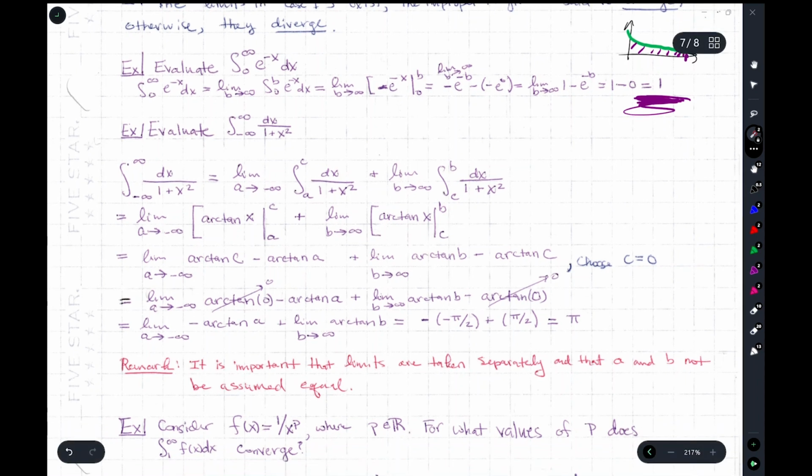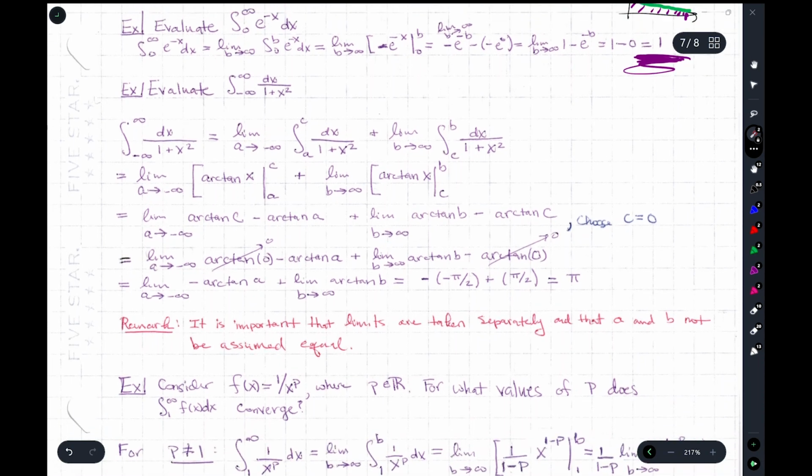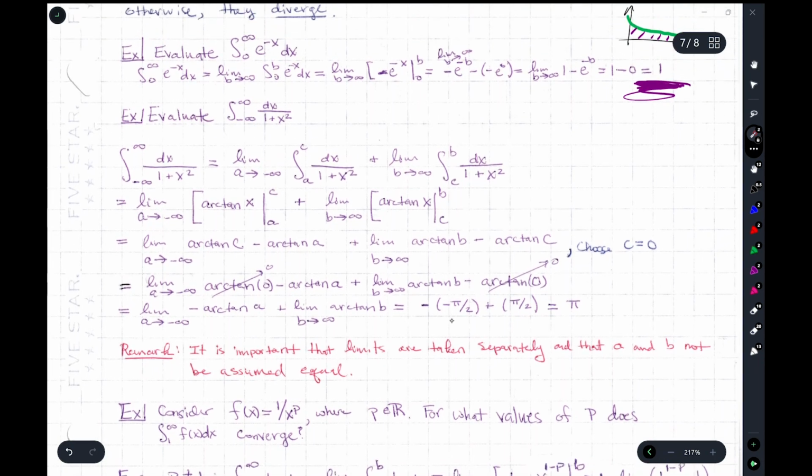So make sure that the limits are taken separately, and you use different symbols for the point that you take the limit of.